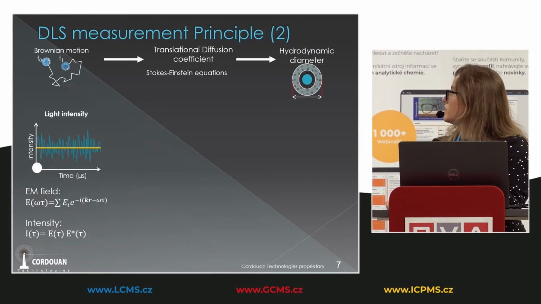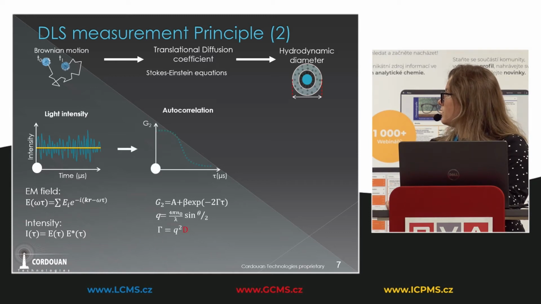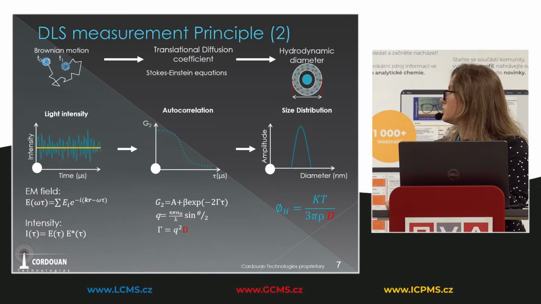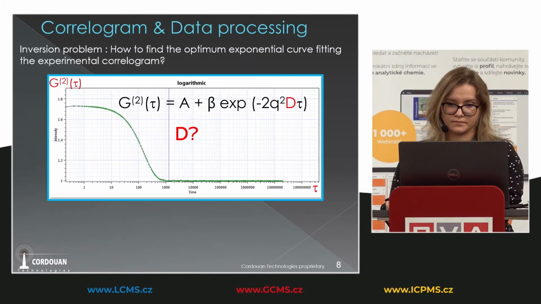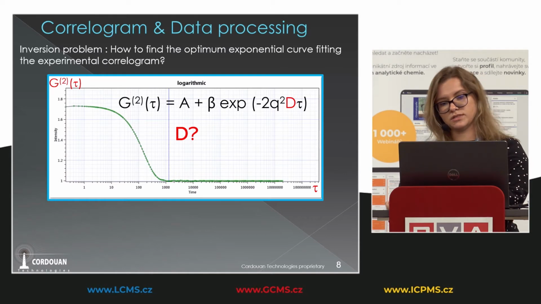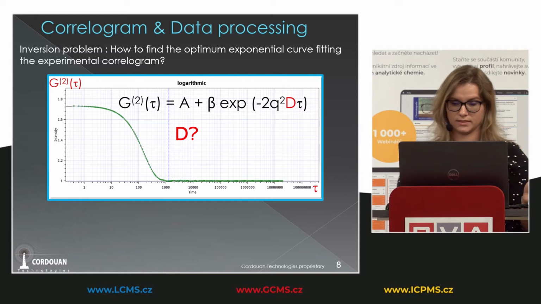This is what the intensity profile looks like. Then you have the autocorrelation function calculated, and by fitting it we are able to obtain the size. But how is it possible to correctly fit this autocorrelation function to have a precise size?